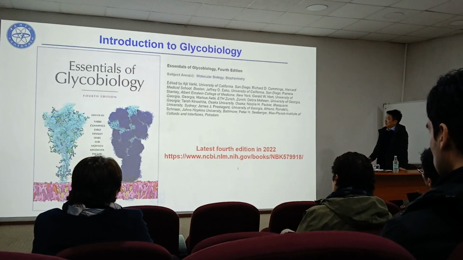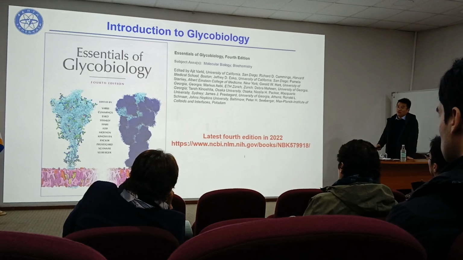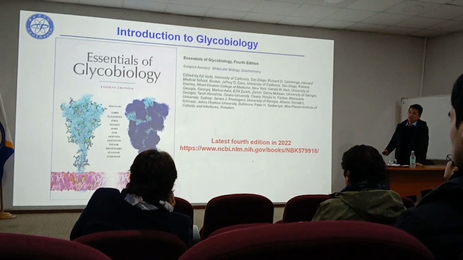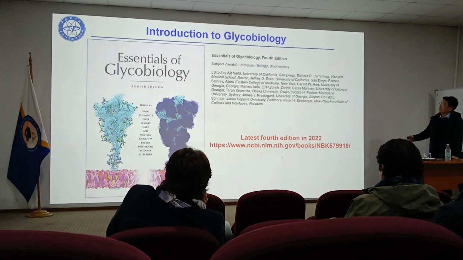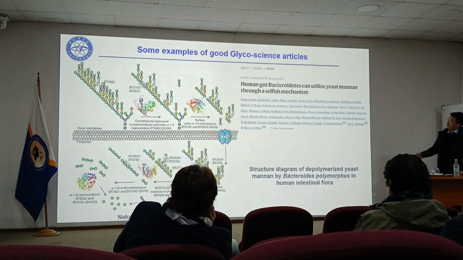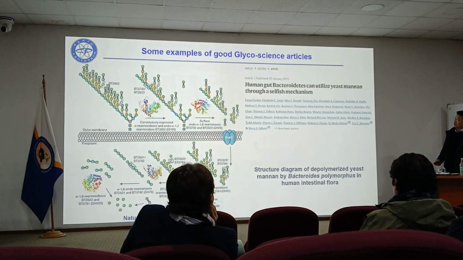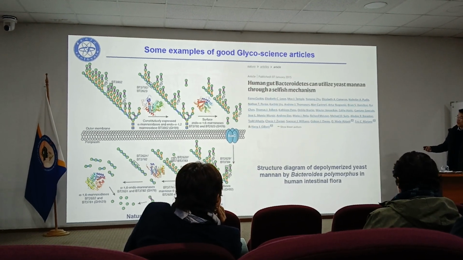All the books can be downloaded from NCBI. So if you are interested in glycobiology or carbohydrates, I suggest you read this book. Later I will also show some examples of good glycoscience articles from CNS, Cell, Nature and Science.